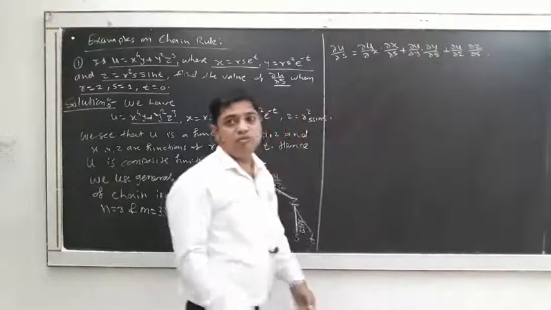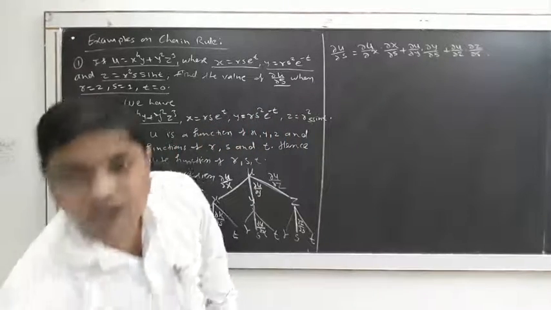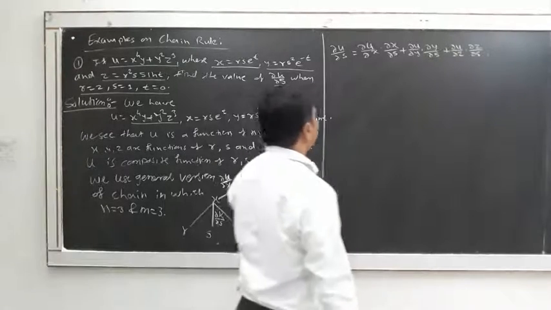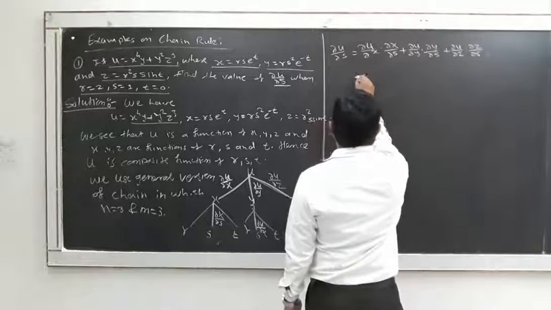Okay. Now we have to find the partial derivatives, and then we have to put the values of r, s and t.